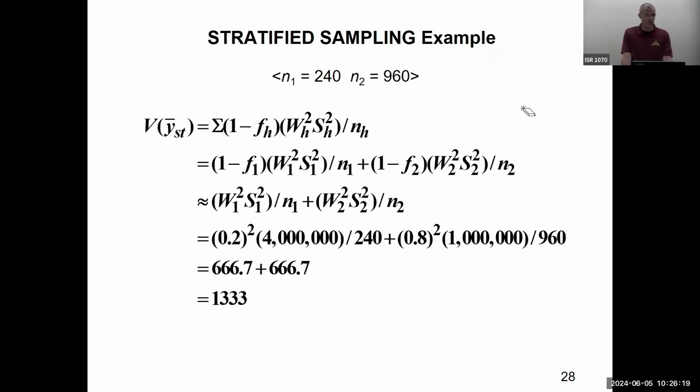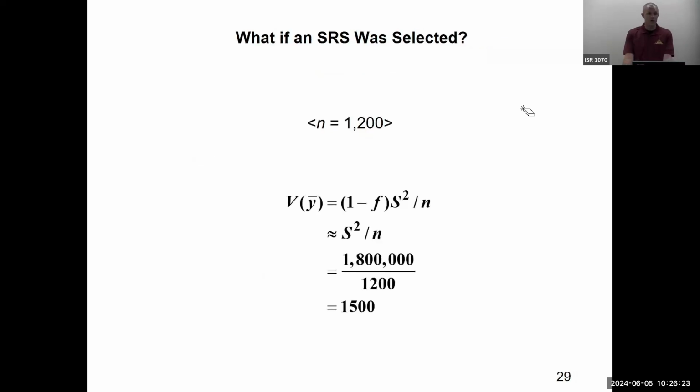That's great. That's one design. Thinking about design effects, we ask the question, what if we had just selected a simple random sample of size 1,200? Same sample size, same cost potentially, depends on the stratification. What happens to our variance? Theoretical variance of the mean under simple random sampling, same formula I showed you on the previous page, FPC times element variance divided by sample size.